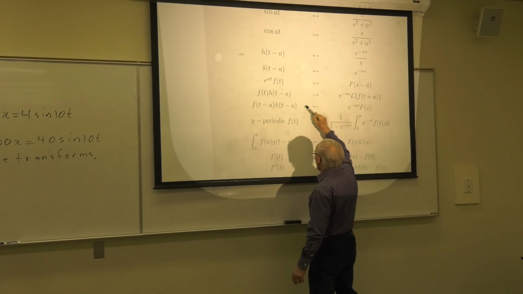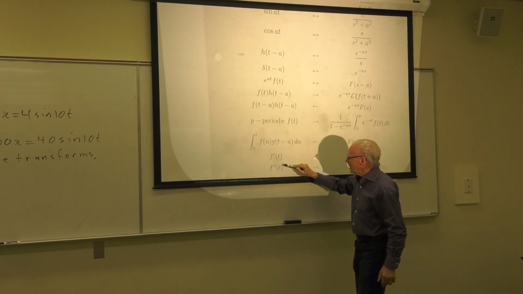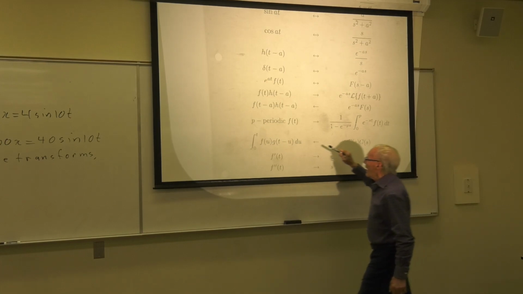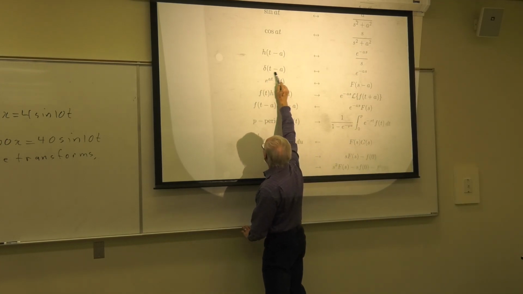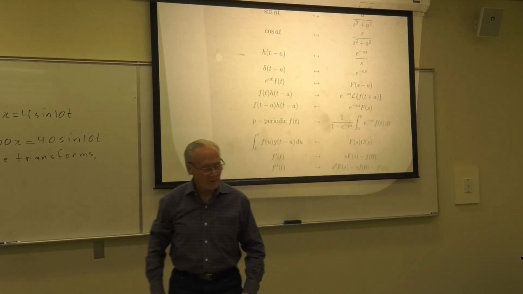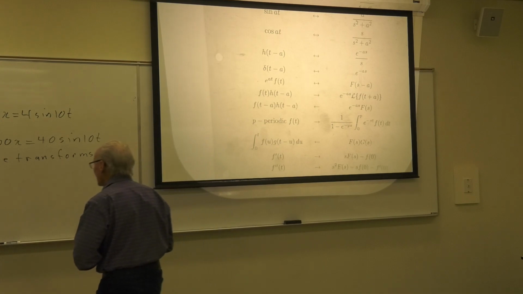This one is valuable going that way. We've seen periodic functions. We've seen this one, we've seen that one. This one we will see later today, and the last one is coming in the next section. So let's leave that there, at least temporarily.